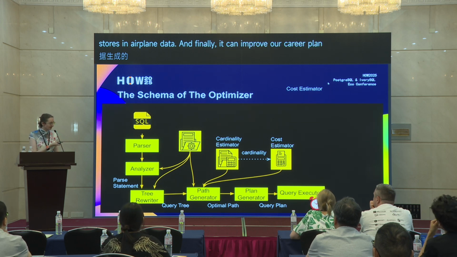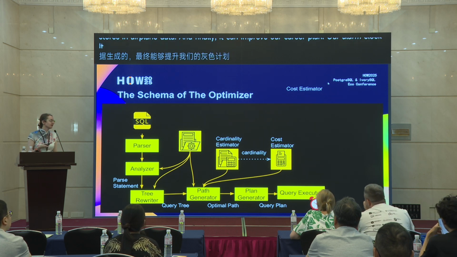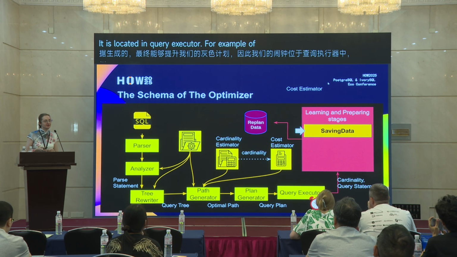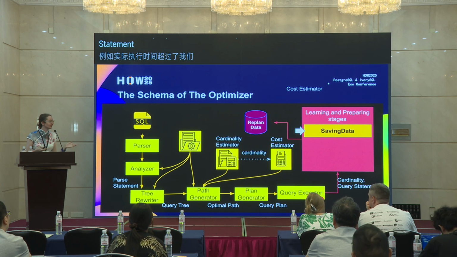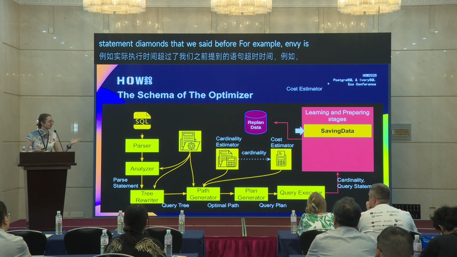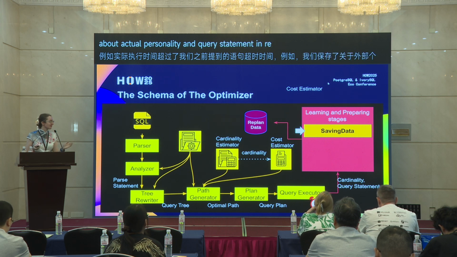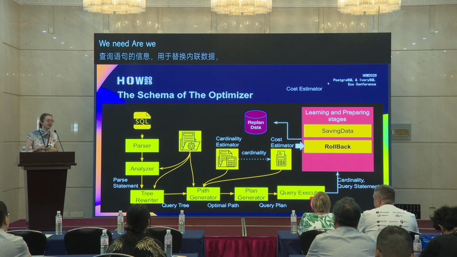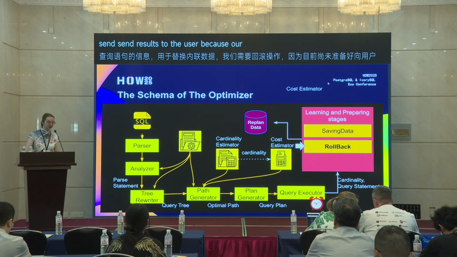So our alarm clock is located in the query executor, and when the actual execution time exceeds the statement timeout that we set before, we save information about actual cardinality and query statement in replan data. We need a rollback, because we are not ready to send results to the user since our query has not finished yet.